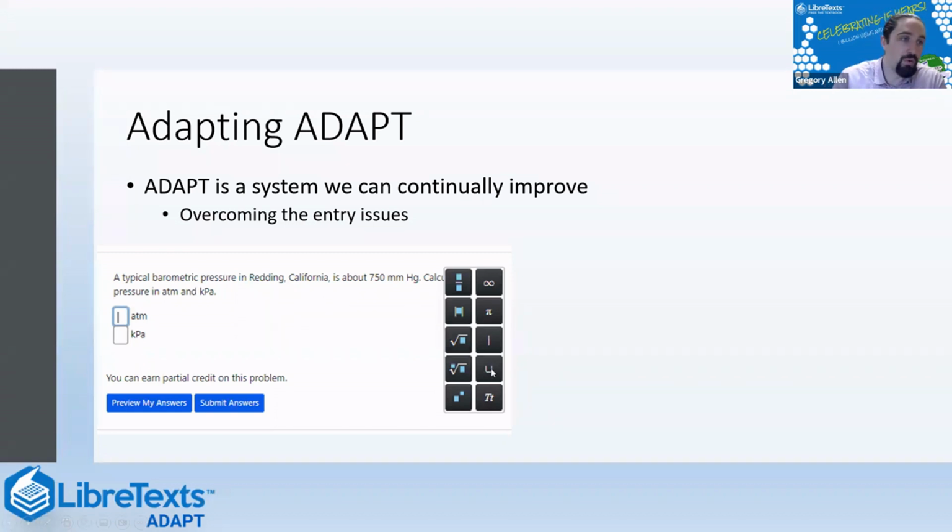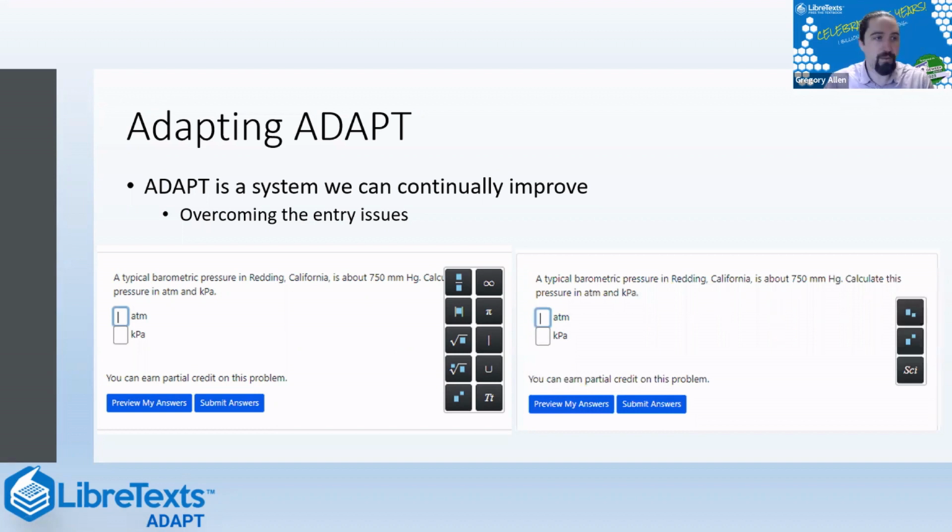A lot of the students were overwhelmed by the options within this, when really what they needed to do was type this in a format called scientific notation, where it's a value and then you have times 10 to a power. There was a significant barrier, and admittedly there were too many options for a student to enter scientific notation. We recognized this and we ultimately simplified the process.